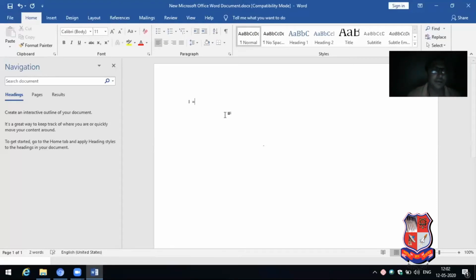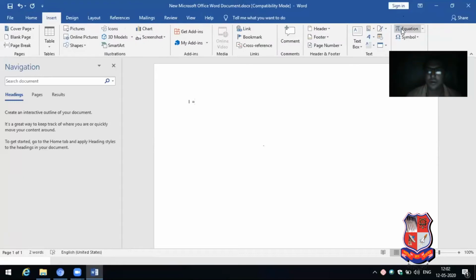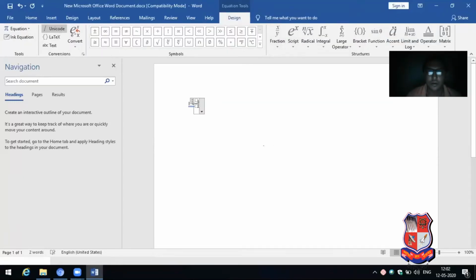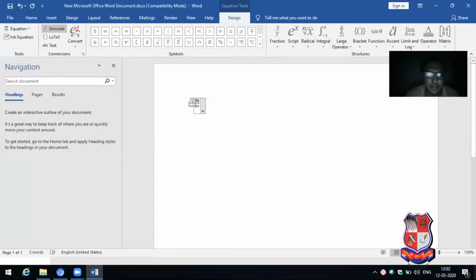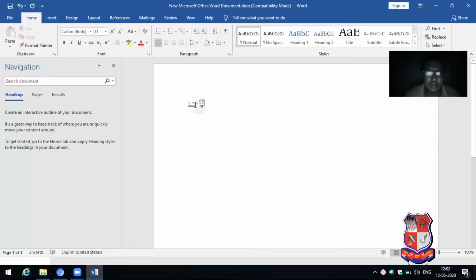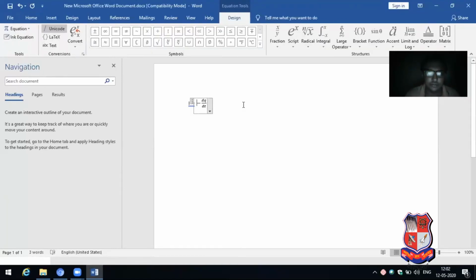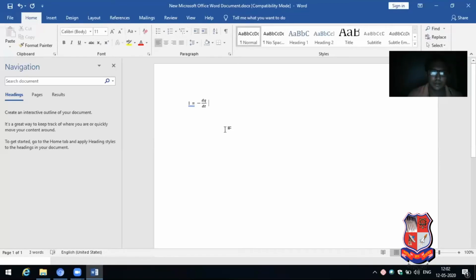I equal to dq divided by dt, I equal to minus dq divided by dt. This is the first equation. What is the meaning of this equation? Rate of change of charge with respect to time.